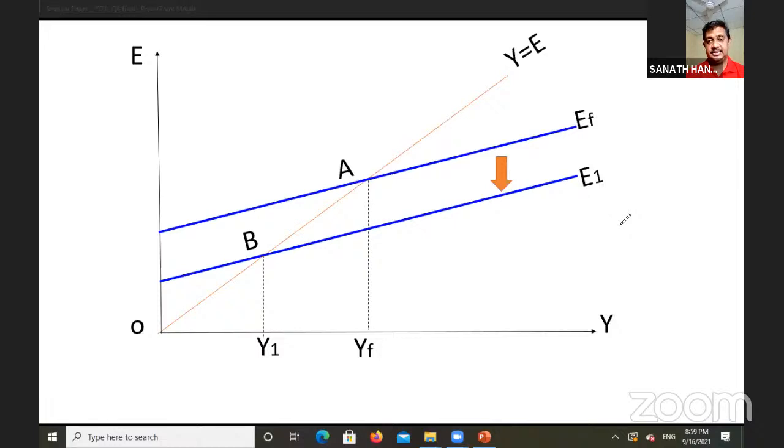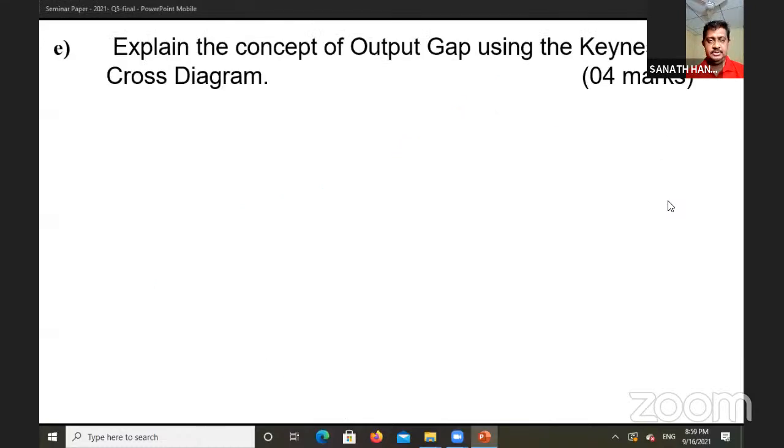However, government expenditure has a direct impact on the aggregate demand.